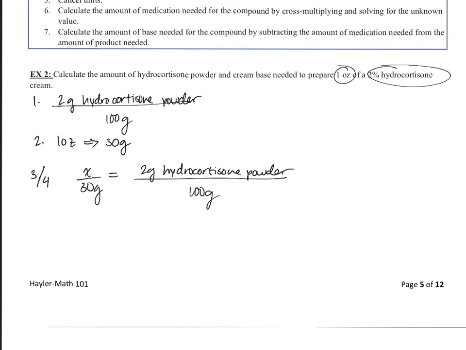We can go ahead and cancel out the grams now, then cross multiply to solve. We're left with 100x equals 30 times 2, which is 60. 60 grams of hydrocortisone powder. That's a long word, powder.